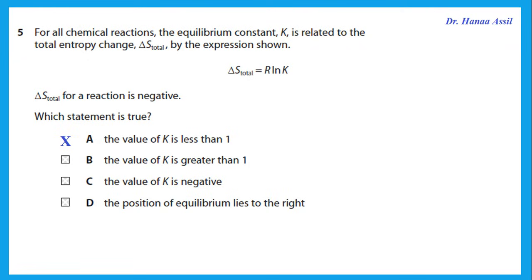If you try on your calculator the natural log of a number less than 1, natural log of 0.5, 0.3, that will come out as a negative number. Of course, R is a constant, it's not a negative number, so the only thing that would make delta S total negative is if the natural log of K is negative.